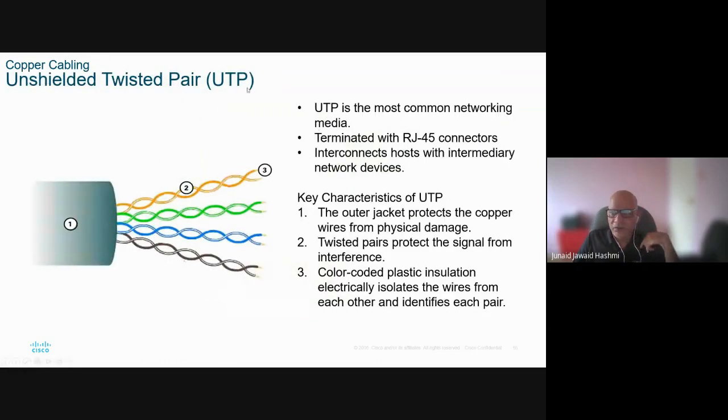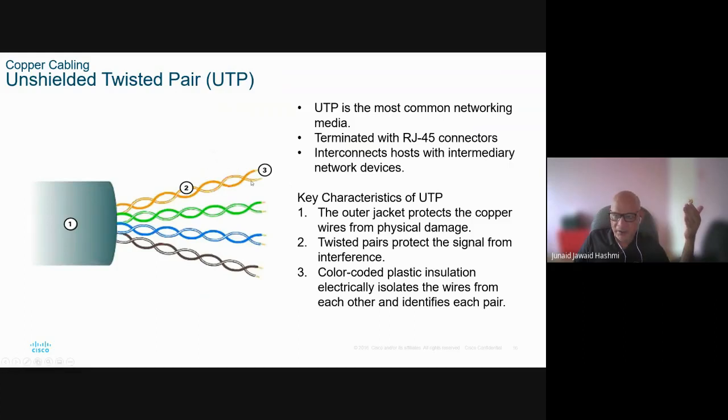All right, so the most popular is unshielded twisted pair. So you have 8 wires in unshielded twisted pair, and they're twisted. As you can see, these wires are twisted to eliminate the crosstalk, meaning signal interference from one wire to the other wire. So all these cables are color coded. Okay.